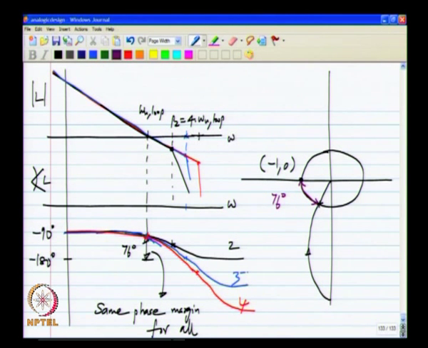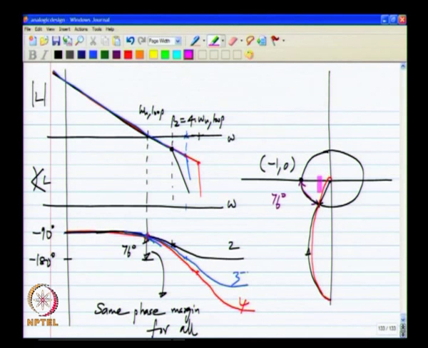If you look at a third order system, I can't show the details very clearly here, but the point is it intersects at the same point, and then it cuts the negative real axis, and then it does that. But the point is the Nyquist plot never comes close to this -1,0 point.